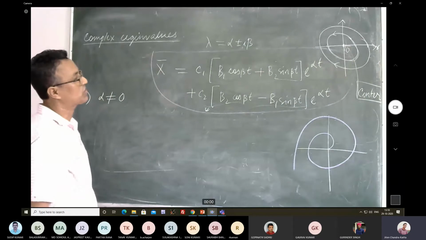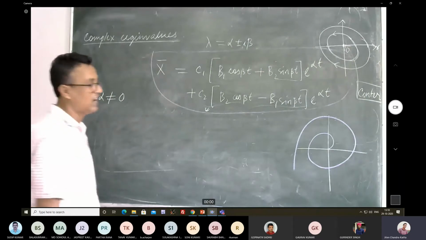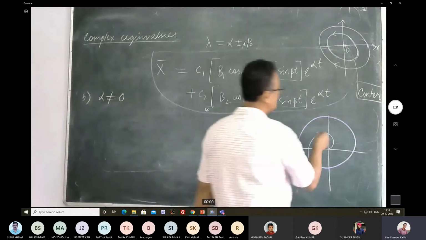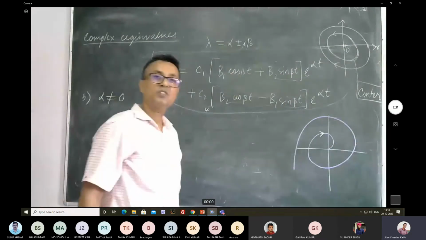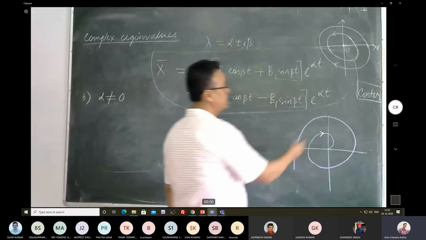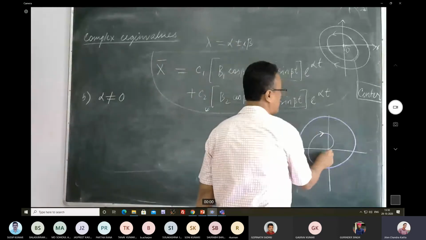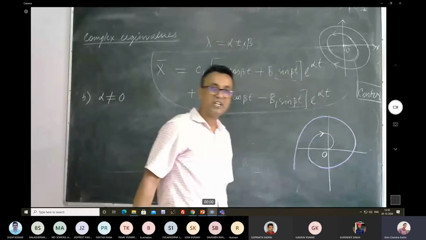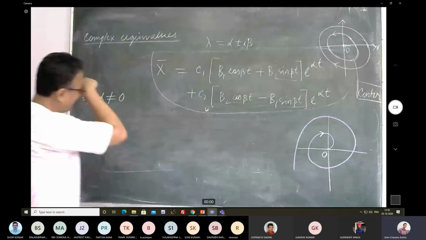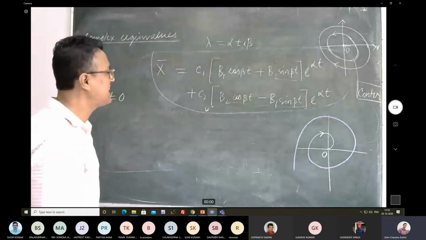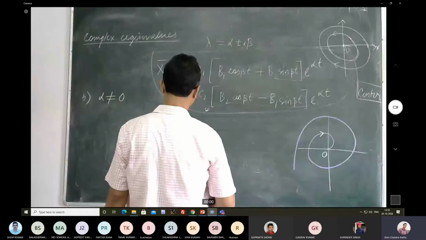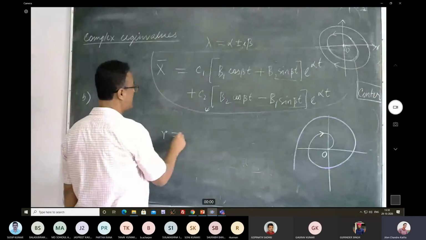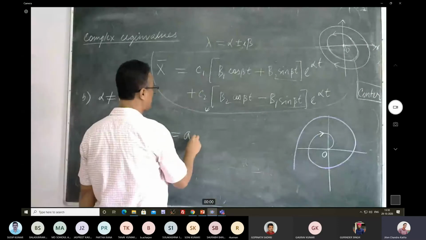Depending upon the value of alpha, it is going to be converging towards 0, or diverging away from this point 0. I didn't find any convincing explanation. You should be able to get an expression something like that, isn't it?